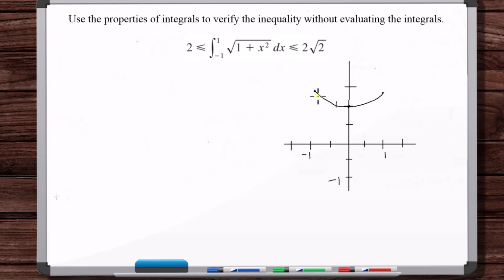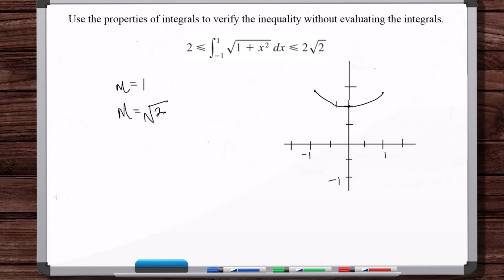So let's make the absolute minimum over the interval be lowercase m. So lowercase m we'll say is 1. And then uppercase m we'll say is root 2.